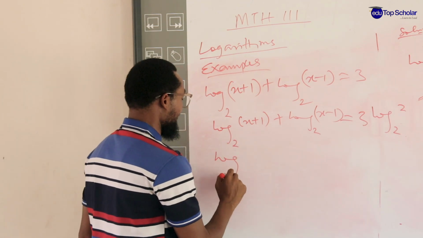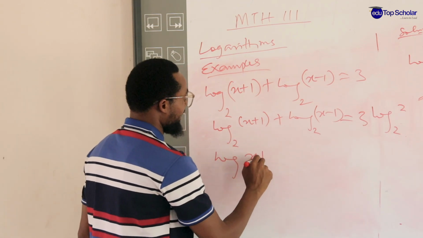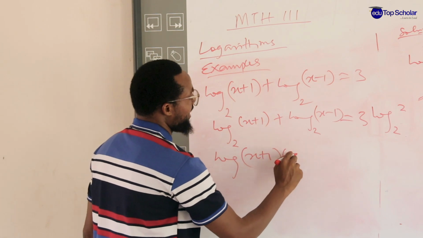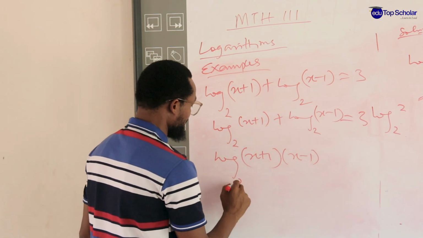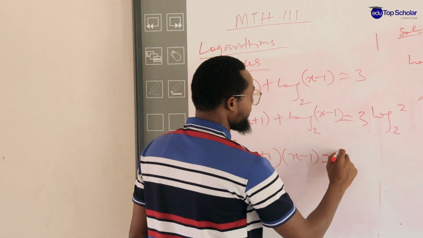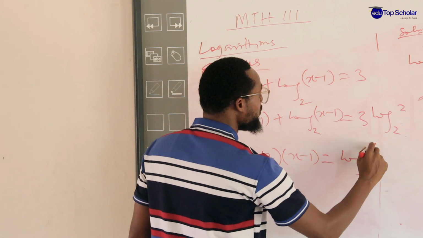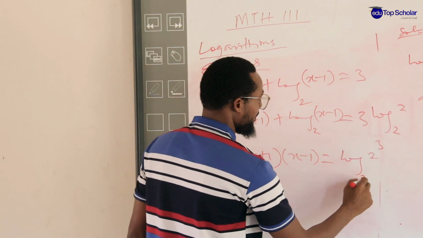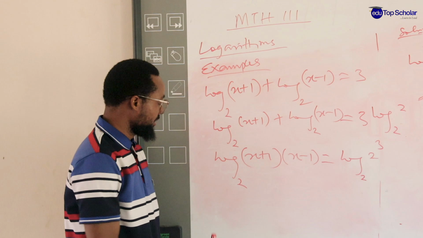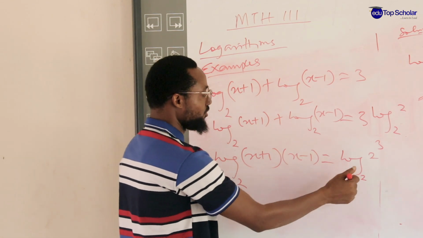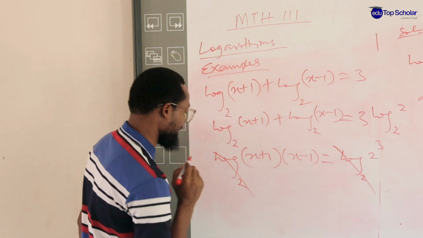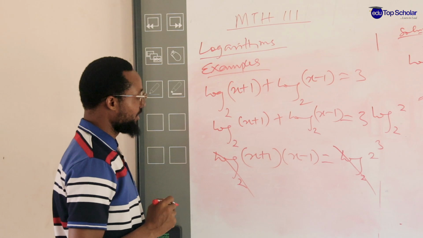For this, I have log of x plus 1 multiplied by x minus 1, to base 2, now equals log 2 cubed, from our third law, base 2. You see, log base 2, log base 2, I can delete that. That one takes care of itself, straightforward.